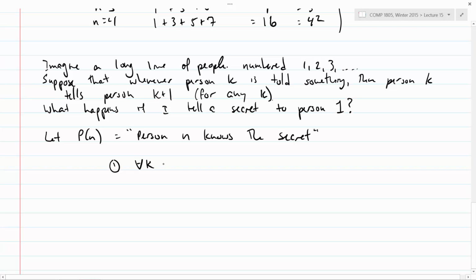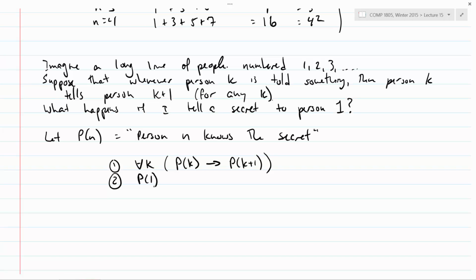So for all k, if Pk knows, then Pk plus 1 knows. Right? That's our premise. And the other premise is that I told person 1. So person 1 knows the secret. So P1 is true. And the conclusion that I'd like to draw is that everyone knows the secret, because that's what we said the answer was. So that means for all n, Pn.